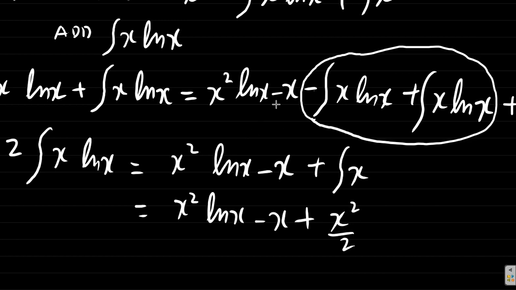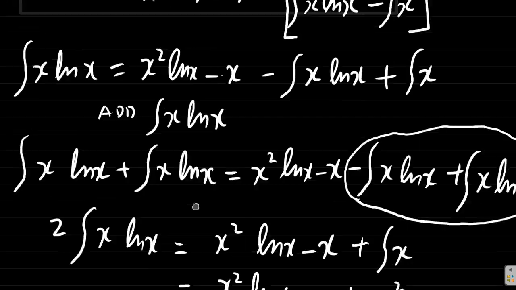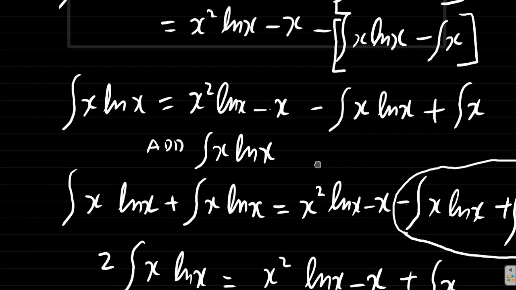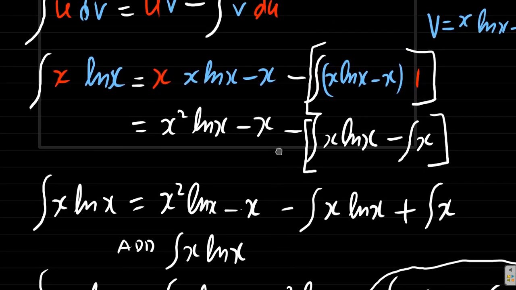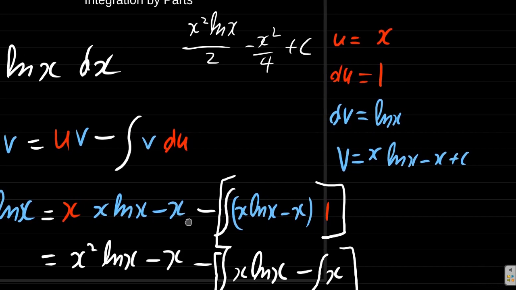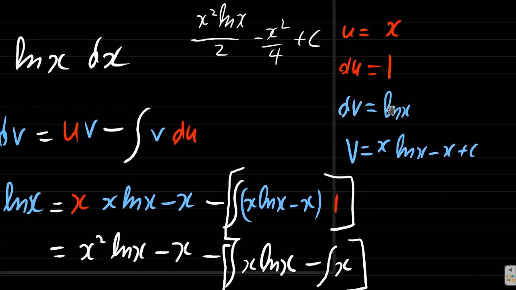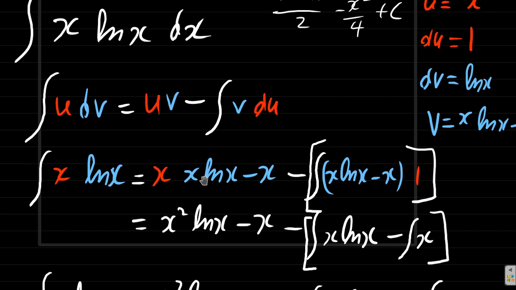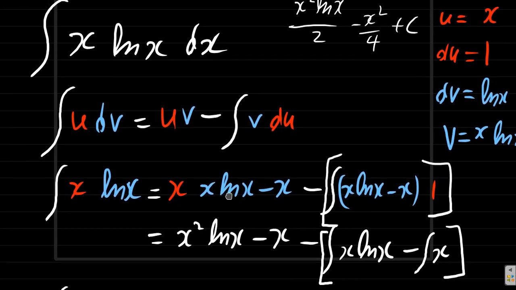Now, just to double check here. Let me just double check something. We have v as this. Then the integral is x ln x minus x plus c. Just to make sure everything is okay. Oh, okay.